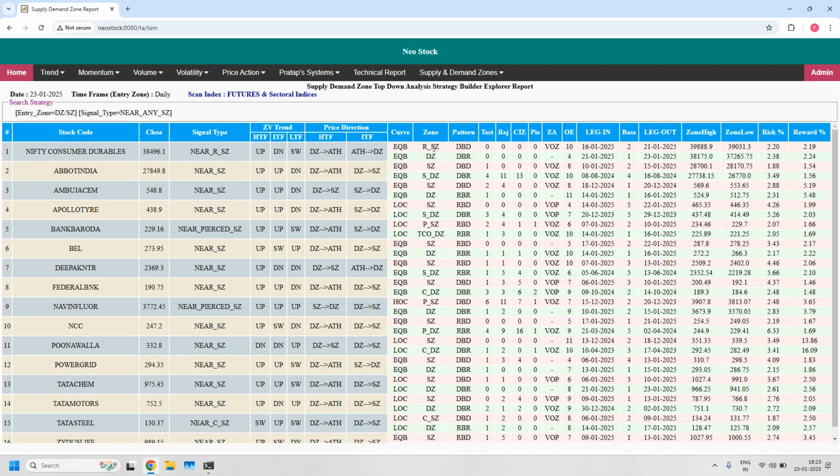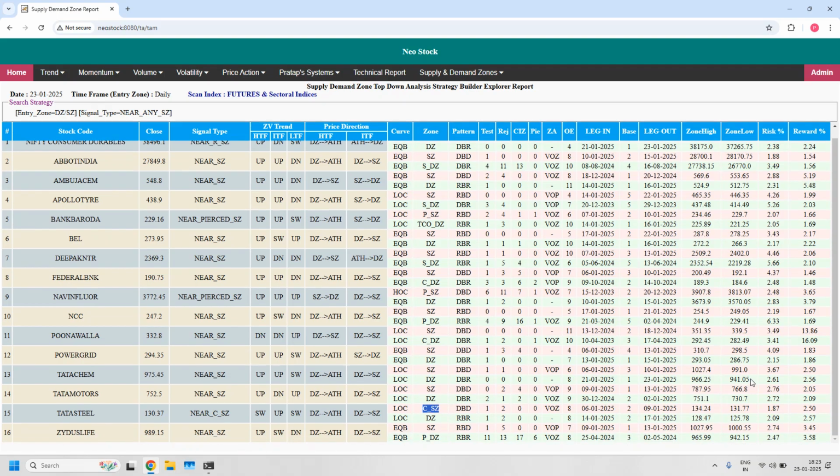You can't use it in F&O, so I am leaving that. Tata Steel is having a high liquidity supply zone. That's it. We have only one high liquidity daily supply zone from this list.